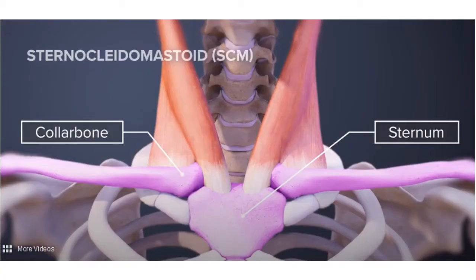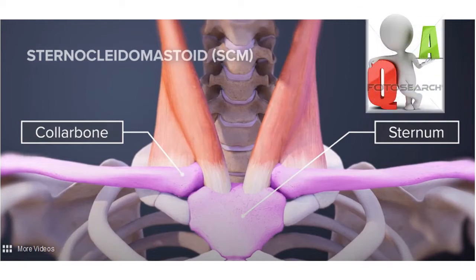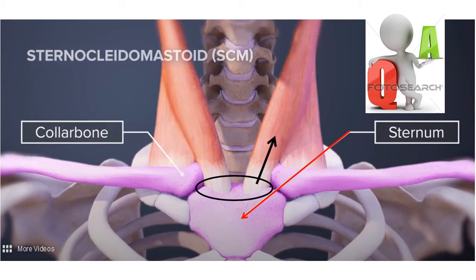Let us have a closer look at the lower end of the sternomastoid. Here we have what? It is the manubrium sterni, the upper part of the sternum. And here are the two origins of the two sternomastoid muscles, one on the right and one on the left, and they give what is called the sternal origin.